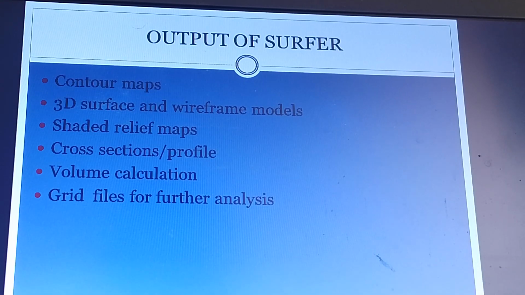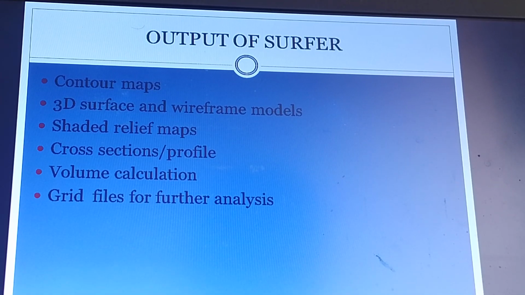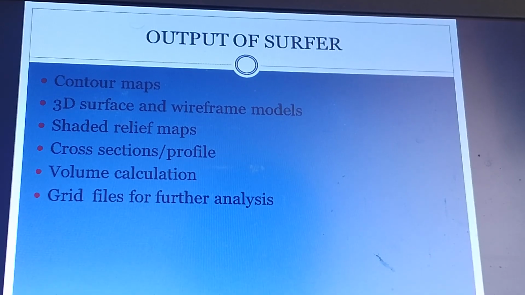That brings us to the next, which is 3D surface and wireframe models. With the 3D surface, Safa converts gridded data into a 3D terrain model. You can rotate, tilt, and zoom to view the surface from any angle of your choice.